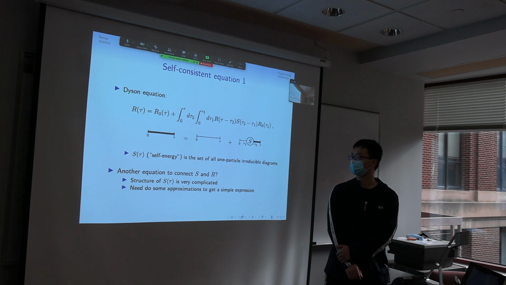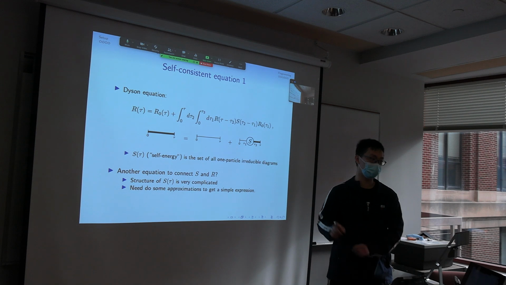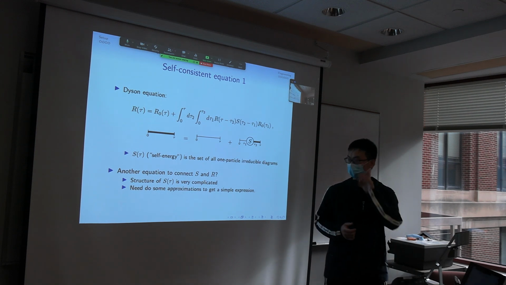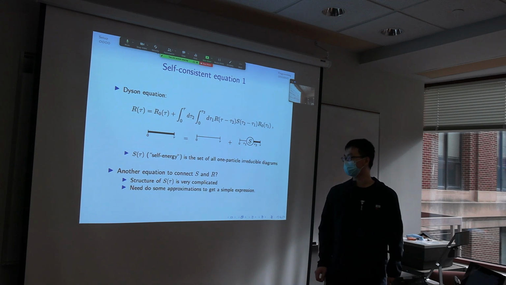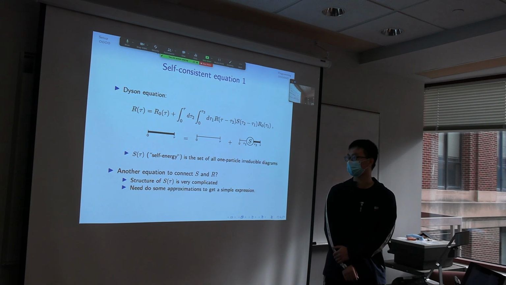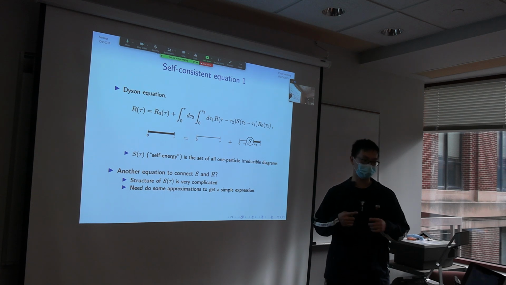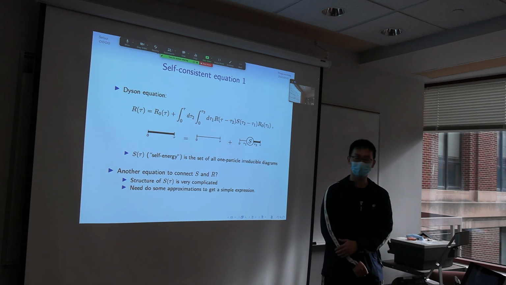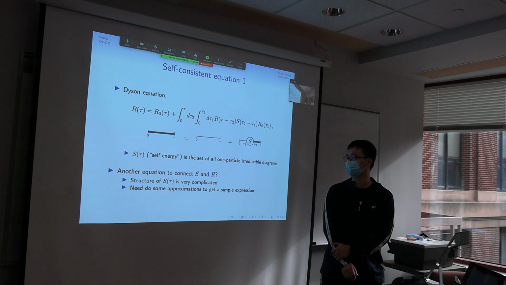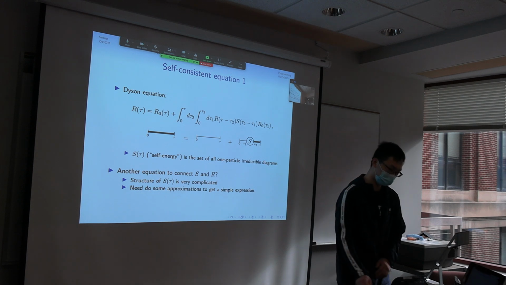Our question is, we want to find another equation to connect S and R again, so that we can iterate to get a convergent result. We notice that the structure of S tau is very complicated because it has many crossover points, and so we need to do some approximations to get a simpler expression.